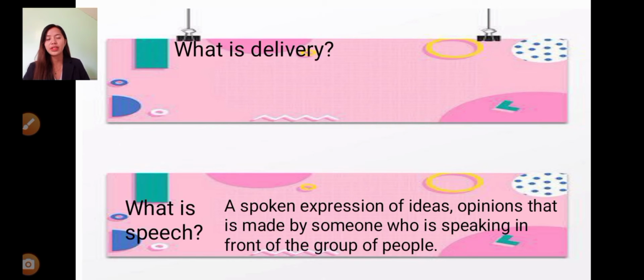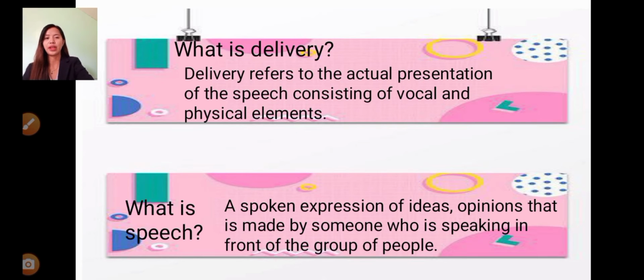So let us first define the word delivery and the word speech. What is delivery? The word delivery refers to the actual presentation of the speech consisting of vocal and physical elements, which we are going to tackle later. So let us now proceed to what is speech.